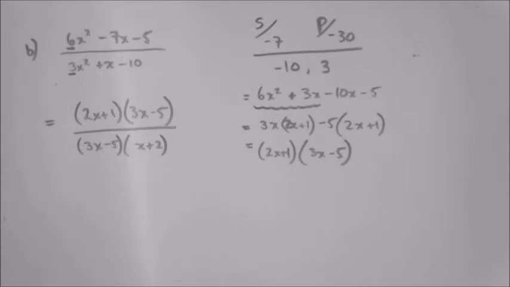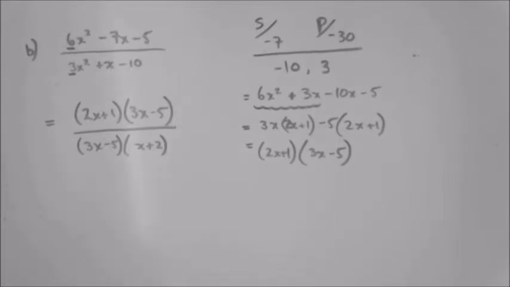Now, what do you notice about the terms in the numerator and the denominator? Can anything cancel out? The 3x minus 5 on top and 3x minus 5 on the bottom. Okay, we've got 3x minus 5 in the numerator and in the denominator.